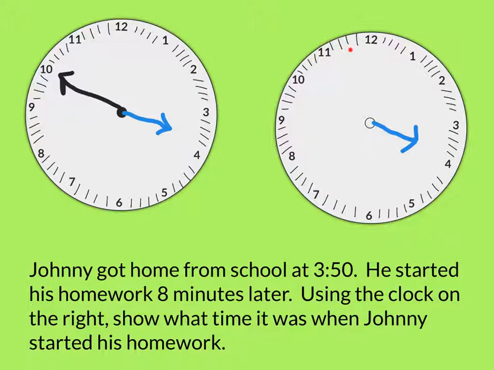So this is where our minute hand should be. Let's draw that in. Okay, so to answer the question, and this is what the clock shows, the time is 3:58. So Johnny started his homework at 3:58.